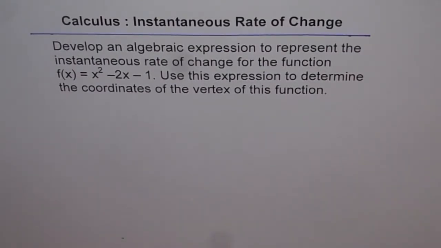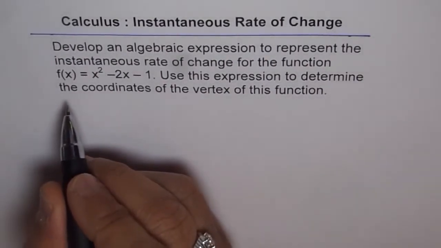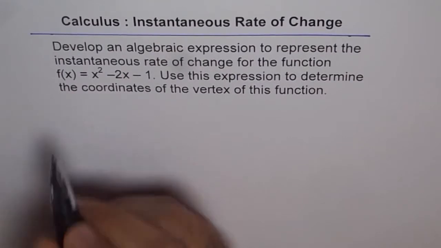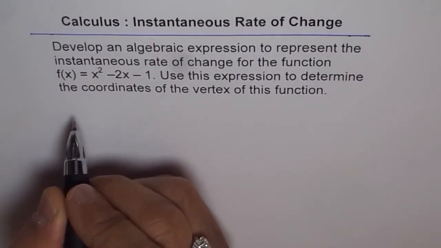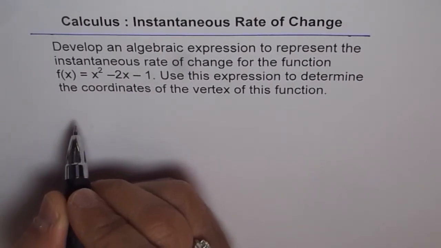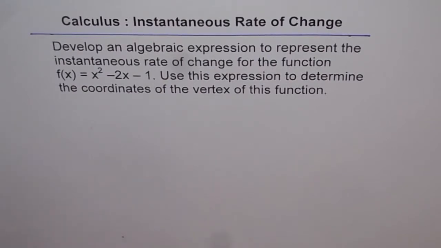So, to find instantaneous rate of change, we can use the difference quotient method, right? So we can take a point in general as x equals a, and then find the instantaneous rate of change between 2 points, one at a, the other at a plus h.